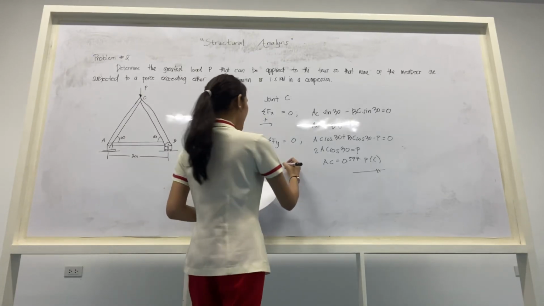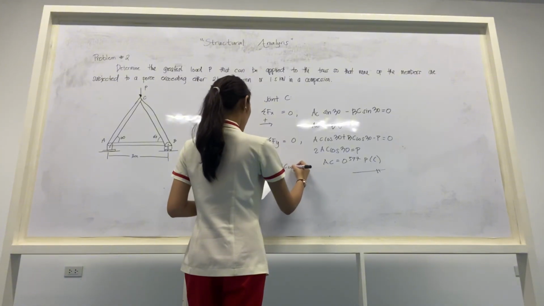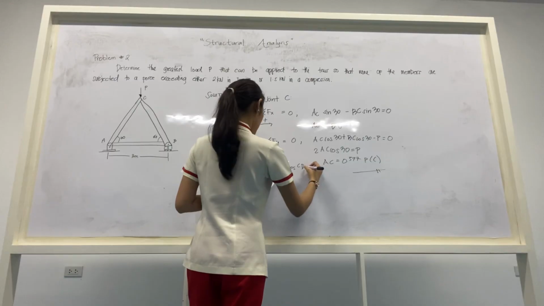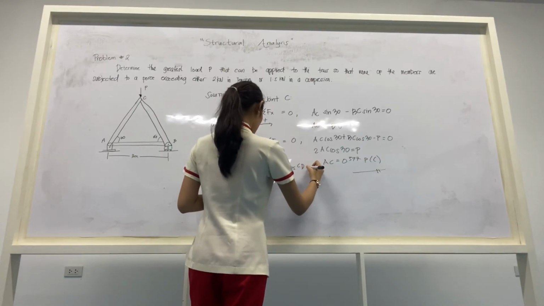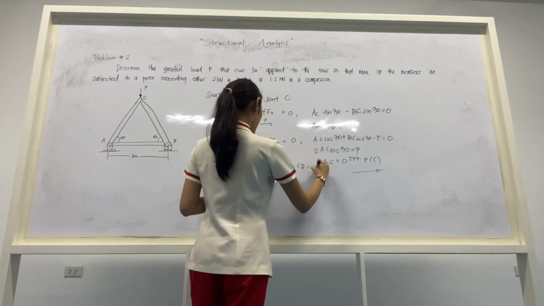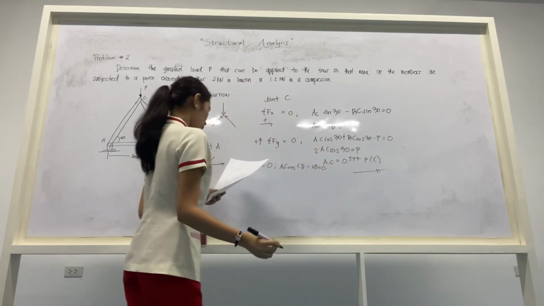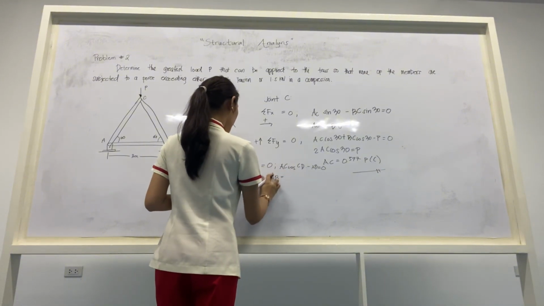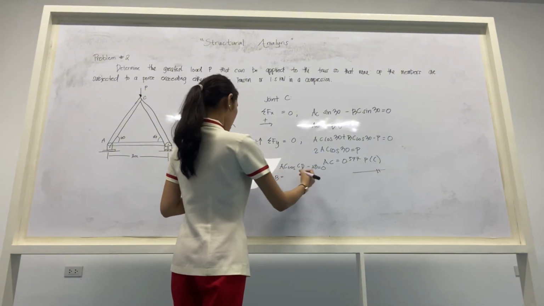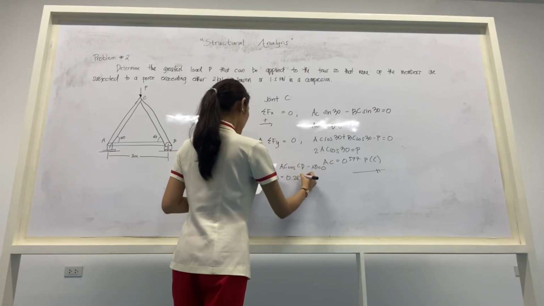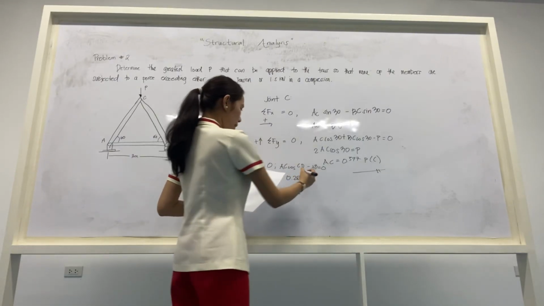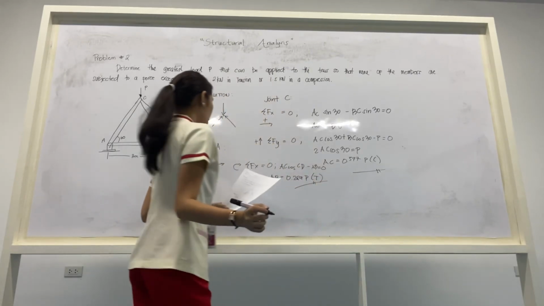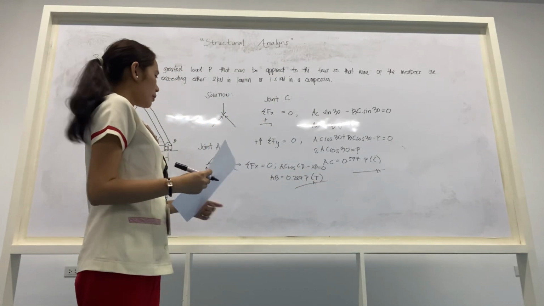So we have again AC plus CB minus AB equals 0. So our AB is equal to 0.289 P, and we have here the tension. So this is our problem solving of joint A.